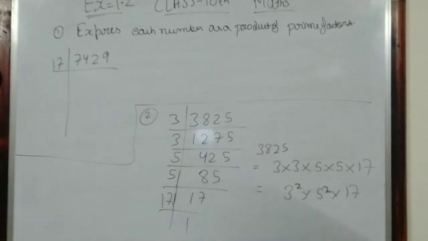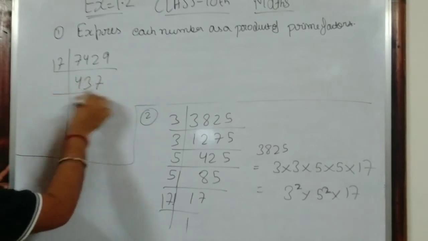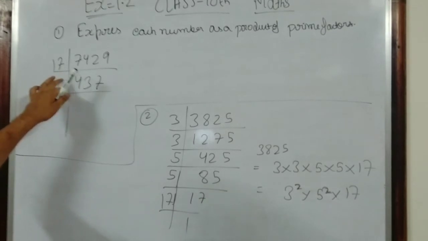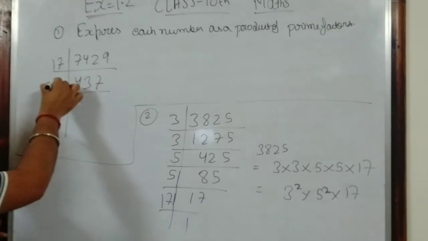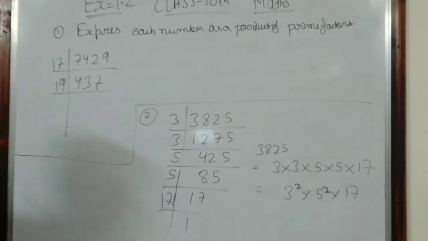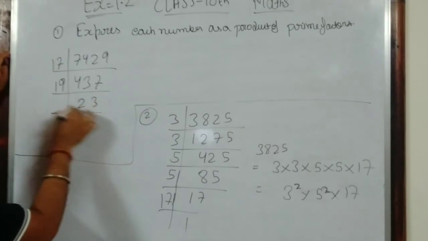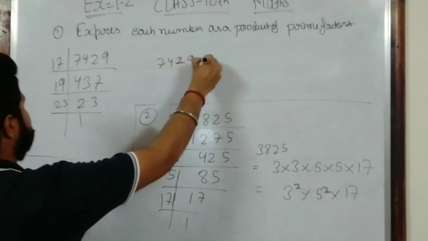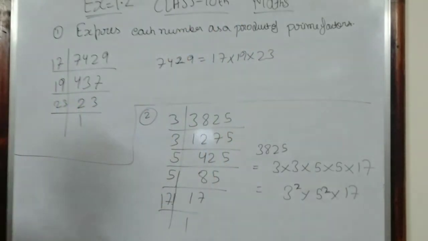On dividing with 17 we get 437. The smallest prime number dividing 437 is 19, and dividing with 19 we get 23, and 23 by 23 is 1. So 7429 can be expressed as 17, 19 and 23 simply.